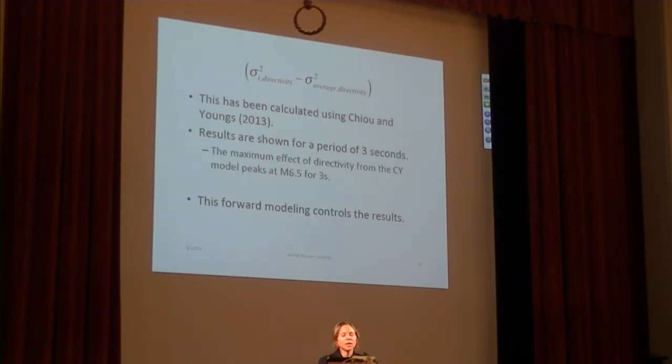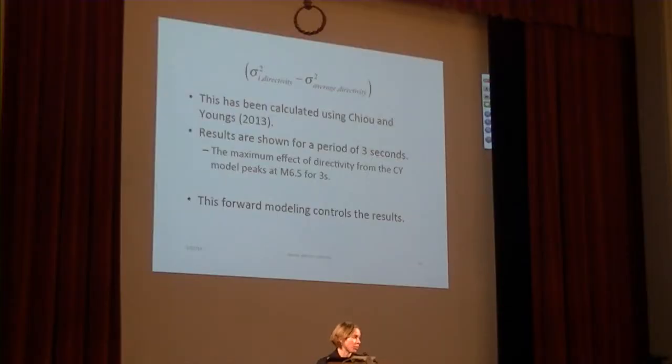Okay. So I went ahead and did this forward modeling using the Chiou and Youngs ground motion prediction equation. And I'm going to show you some figures of the mean bias and the variability about that bias for 3 seconds, for the strike slip magnitude 6 through 8 and the reverse magnitude 6 through 7.5.